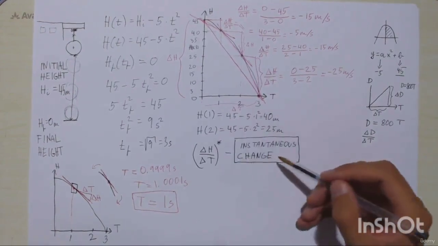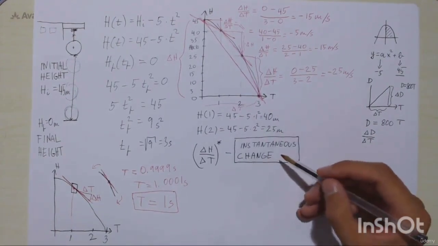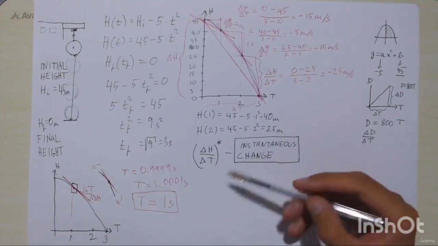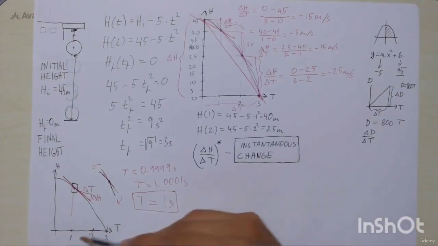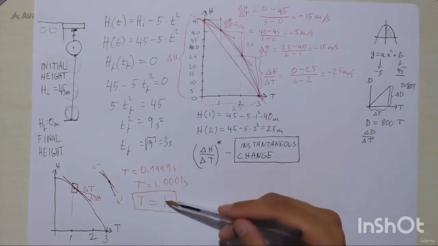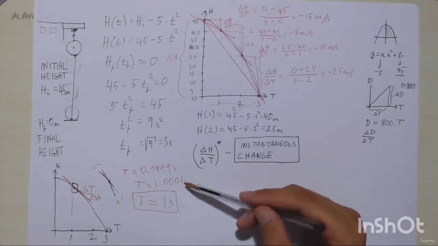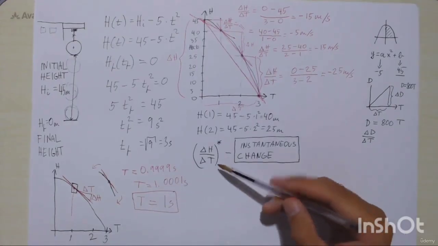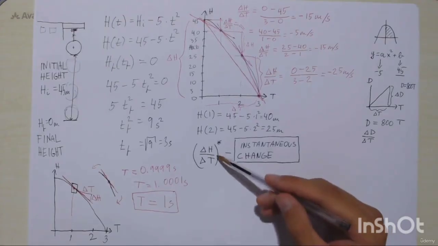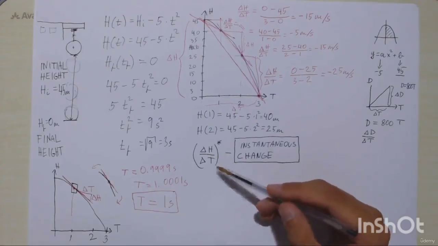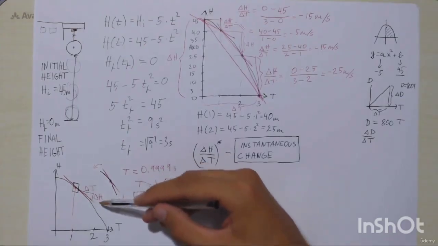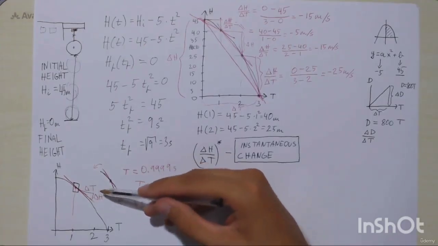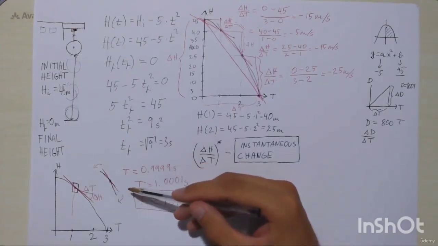It's called instantaneous change because it's instantaneous. It only happens at time equals 1 second. If I move just a little bit, if I go from 1 to 1.0001, then that instantaneous change will be something else, because this line will be tilted a little bit differently, so delta h over delta t would be a little bit different.